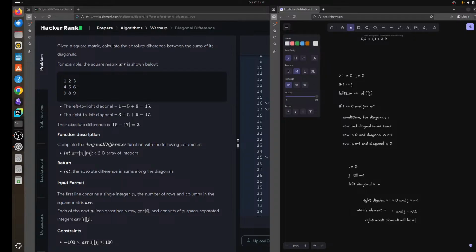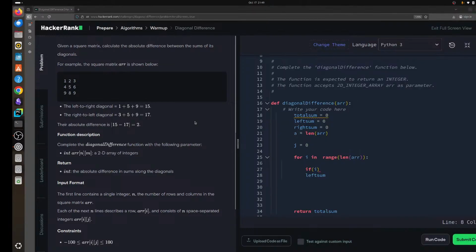Leftmost element, right? We need to consider that. The leftmost element will be i equals n minus 1 and j equals to 0.